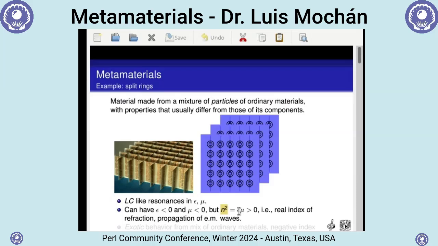But if epsilon is negative and mu is negative, if both are negative, their product is a positive number, and then the index of refraction is a real quantity, and then you can have propagation of electromagnetic waves, and they have a negative index of refraction.